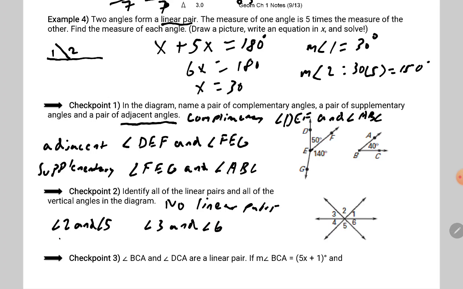You have to as well. That way I know what you're talking about. Now in the context of the problem, you could get away with just saying, 2 and 5, 3 and 6, 4 and 1, but I need you to practice writing in angles.